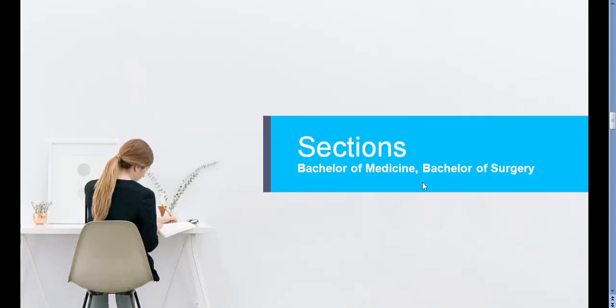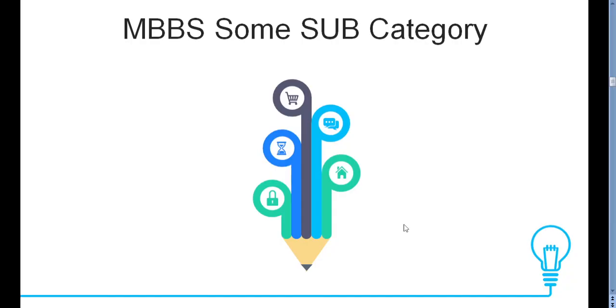Now, we will talk about the main category, which is Bachelor of Medicine, Bachelor of Surgery. This category is mostly used for the MBBS full form, and most people know this name only for MBBS. What types of subcategories come in this section?